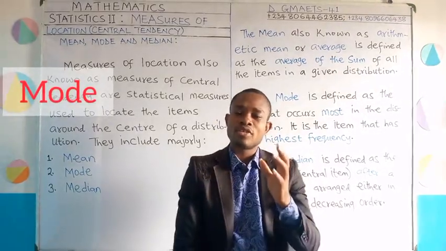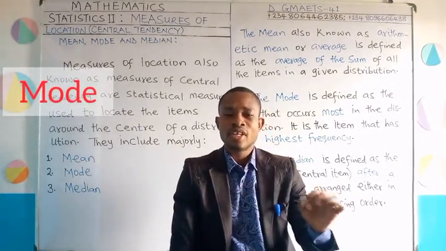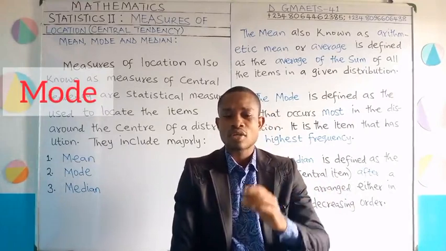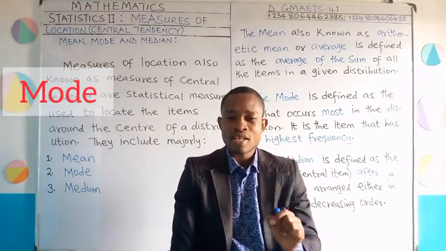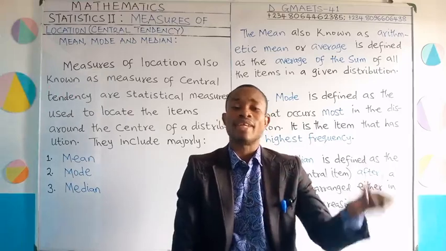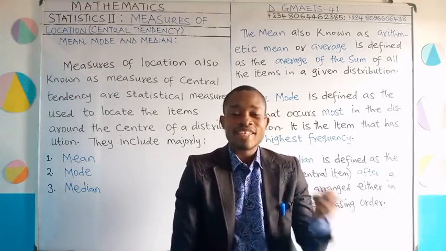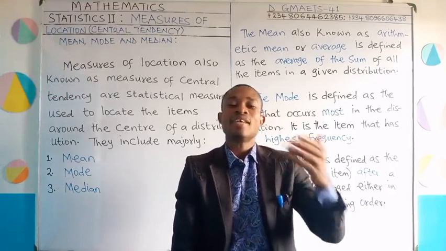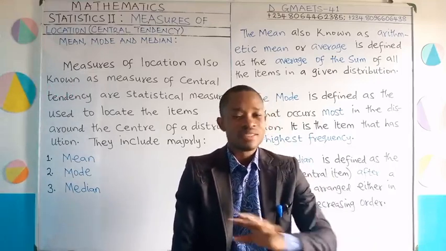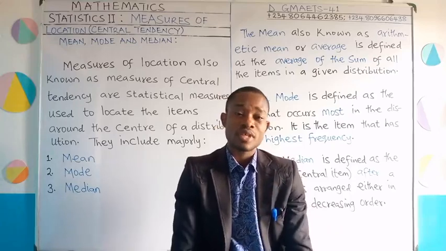When I give you a distribution, the mode is simply the item that occurs the most, the item that occurs more than the other ones, the item that has the highest frequency. That is what the mode of a distribution is.